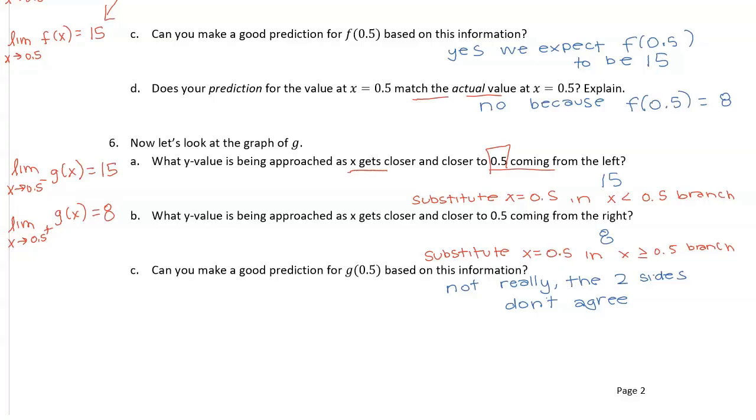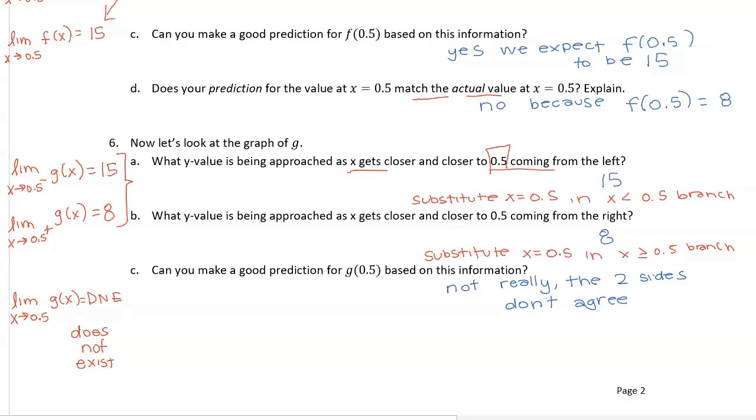All right, before we get to question C, the question is, what is the limit as x approaches 0.5 going to be? Well, these don't agree. 15 and 8 aren't the same. Since these don't agree, we would say the limit as x approaches 0.5 of g of x does not exist.